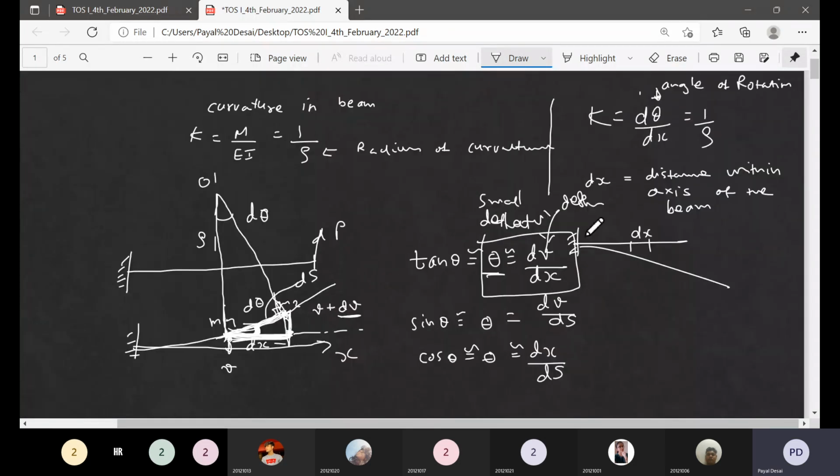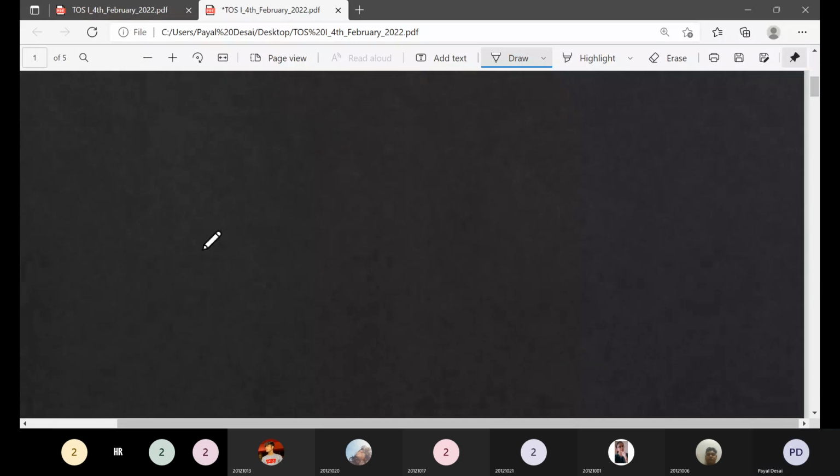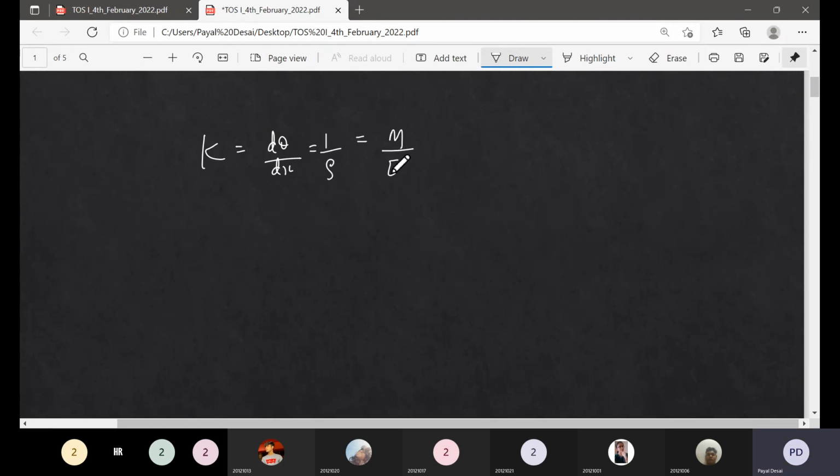Now how do we relate this displacement and angle of rotation with this curvature? So curvature kappa is equal to d theta by dx equal to 1 by rho, and also it is M over EI. So now replace theta with dv by dx. So where did this theta come from?